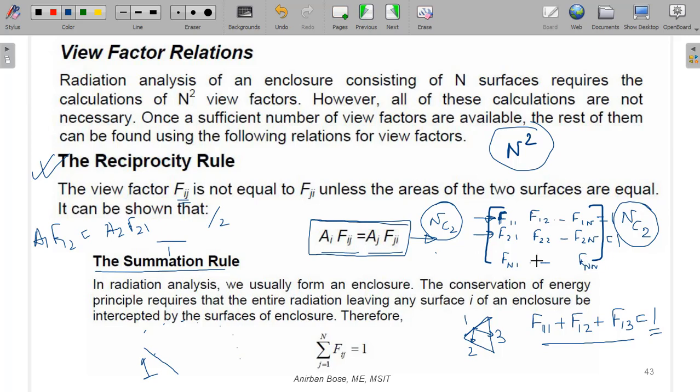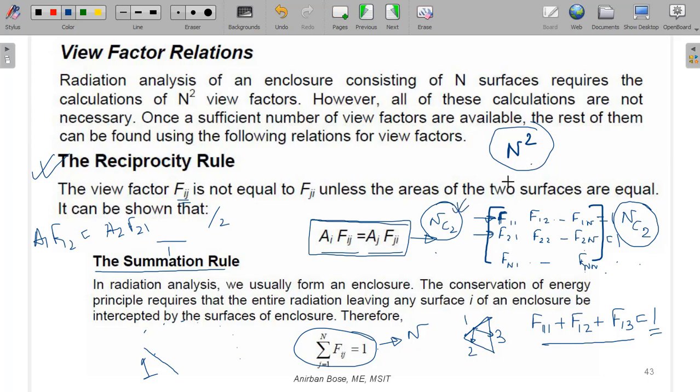So these are certain constraint equations we are getting. How many such equations are there? Definitely there are n rows, so you will get n such equations. So the total number of view factors possible in an enclosure of n surfaces is n square.